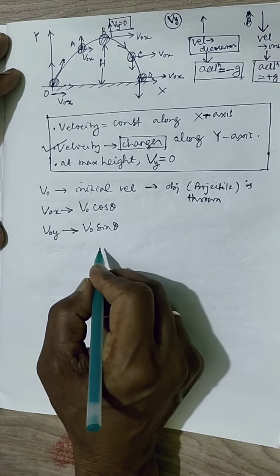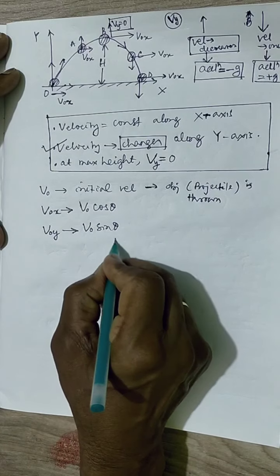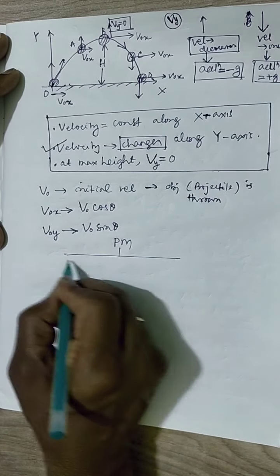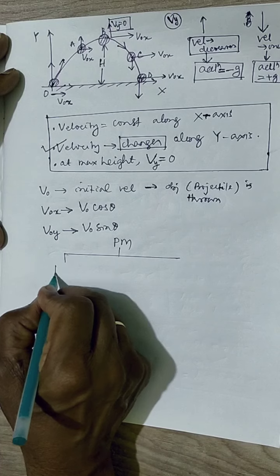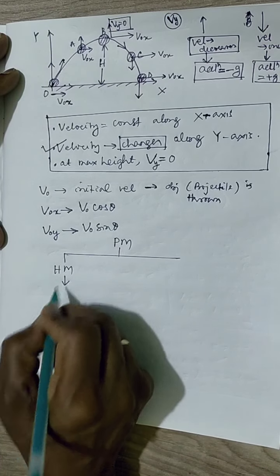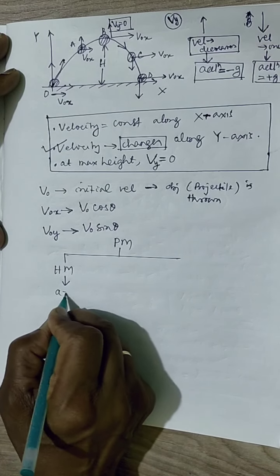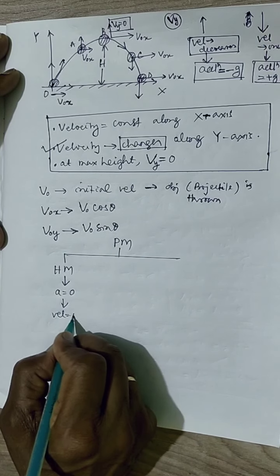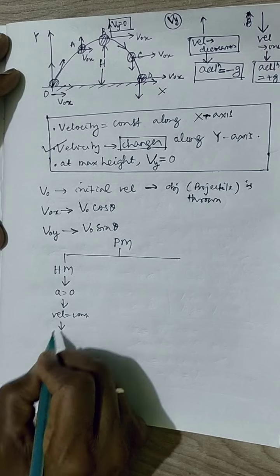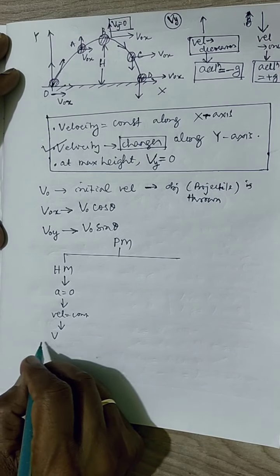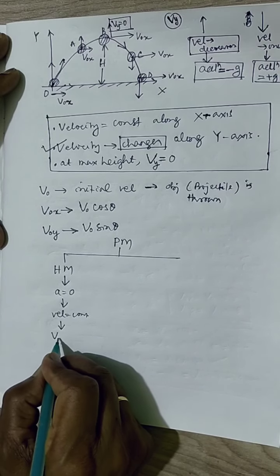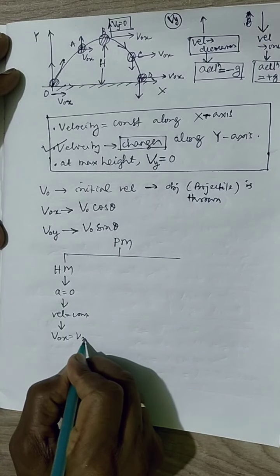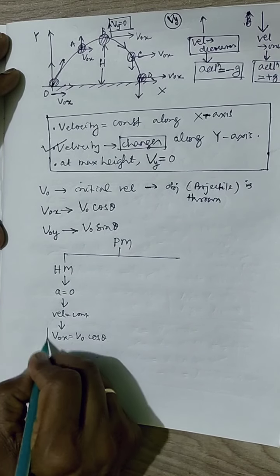Now we have two motions. One is our horizontal motion. Here a is equal to 0, that is velocity is constant, that is throughout the motion velocity is v0x, which is equal to v0 cos theta always.